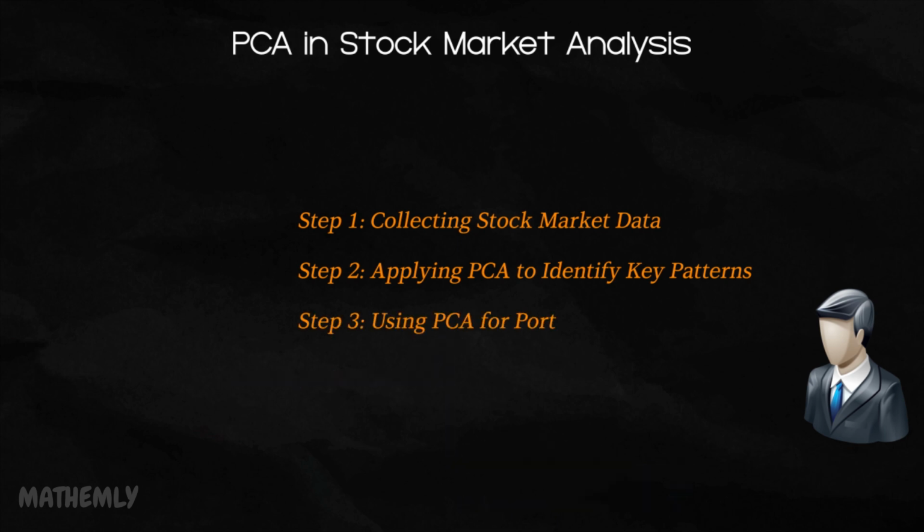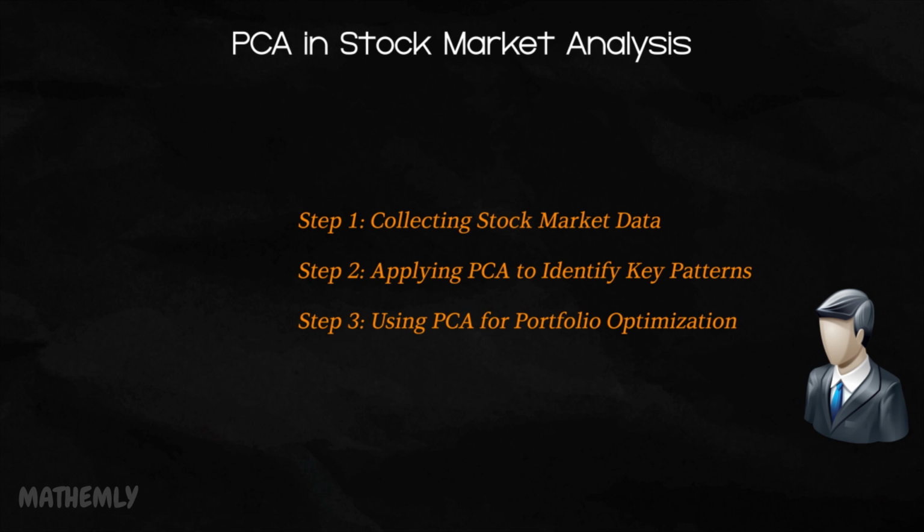Step 3. Using PCA for portfolio optimization. Investors can use PCA to reduce risk by selecting stocks that behave differently, which are uncorrelated stocks. Instead of manually picking stocks, they can use principal components to group stocks into diversified portfolios.